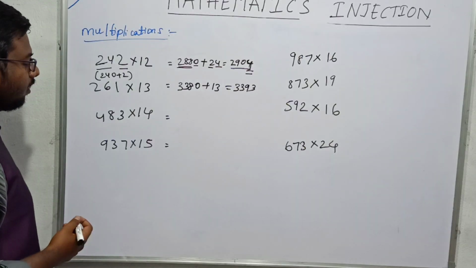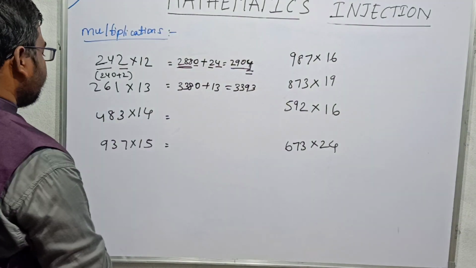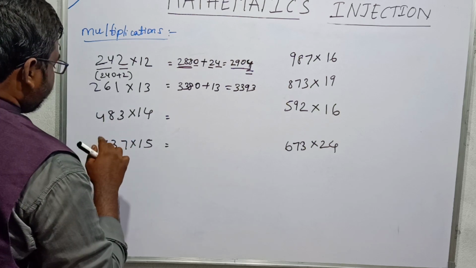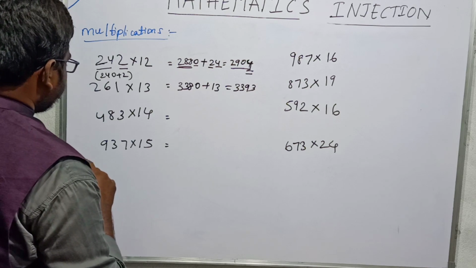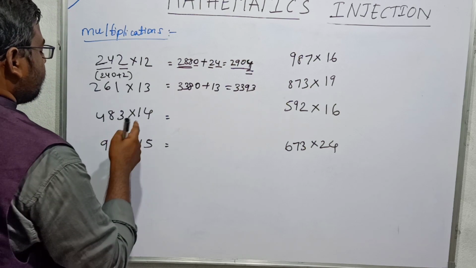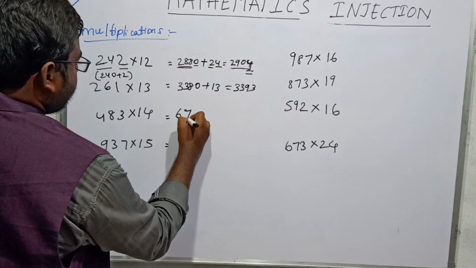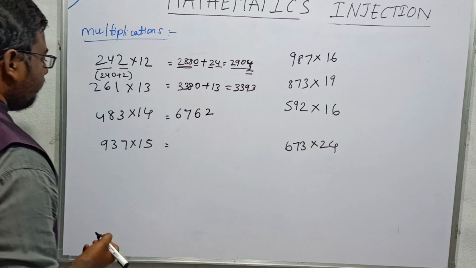So likewise, if we practice this without writing: 14 4s are 56, 14 8s are 112, 56 plus 11 is 67, 672, 14 3s is 42, 672 plus 4 is 676. So 6762 will be our result.